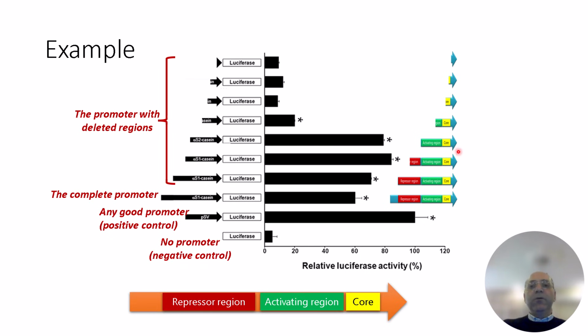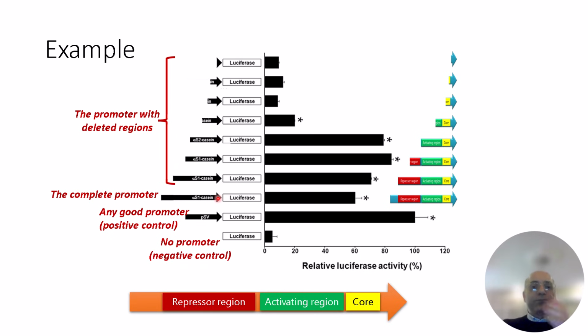So I have now the luciferase gene under control of the core promoter and the activating region. And I remove this part, I remove that part, I remove this whole thing, and so on. Now here I have a piece of DNA that contains no promoter whatsoever, just that luciferase gene. Now the luciferase gene is right here. So this piece of DNA right here is represented by the black arrow.